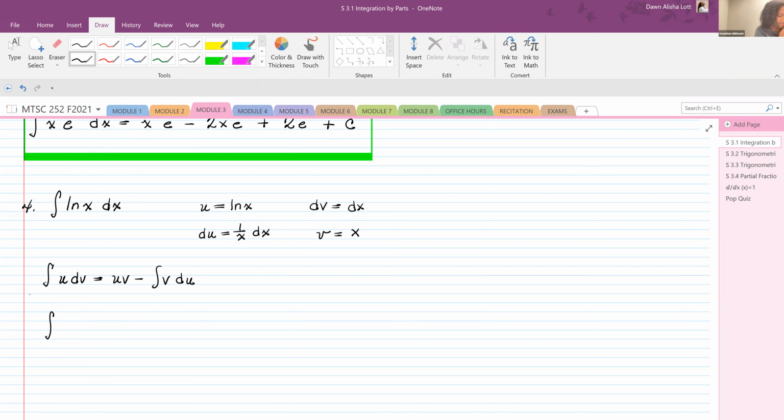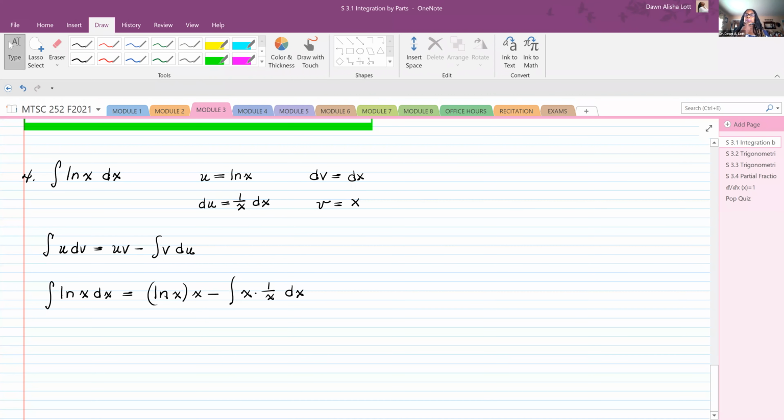Okay, I got the natural log of x times x, minus the integral of x times 1 over x dx. That looks beautiful to me. Promise me you'll never call that the inverse of x again. I promise.